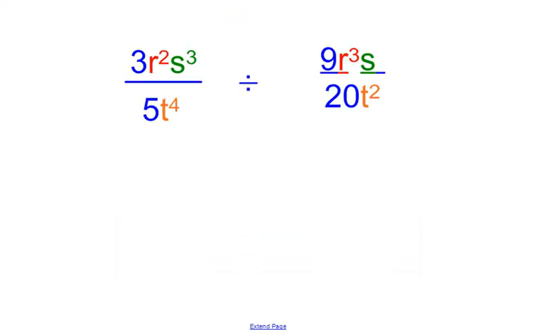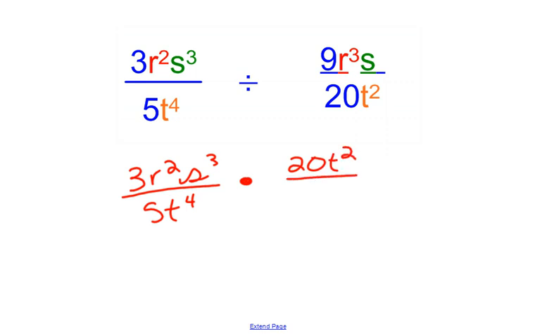So again, for this one, I would know that I'm multiplying by the reciprocal. So I'm always going to keep my first fraction the exact same. That one never gets flipped. It's always what you're dividing by that you are taking the reciprocal of. So then this would be 20t squared over 9r cubed s.